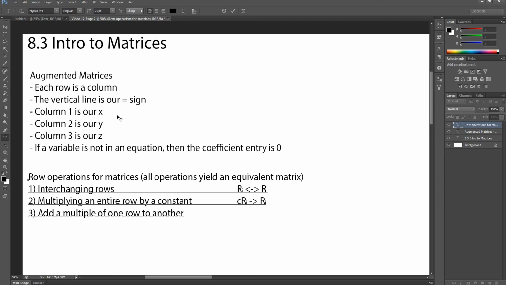So I could do c times row I plus row J, and put that into row J. So whatever row you are multiplying by the constant is not the row you are changing.